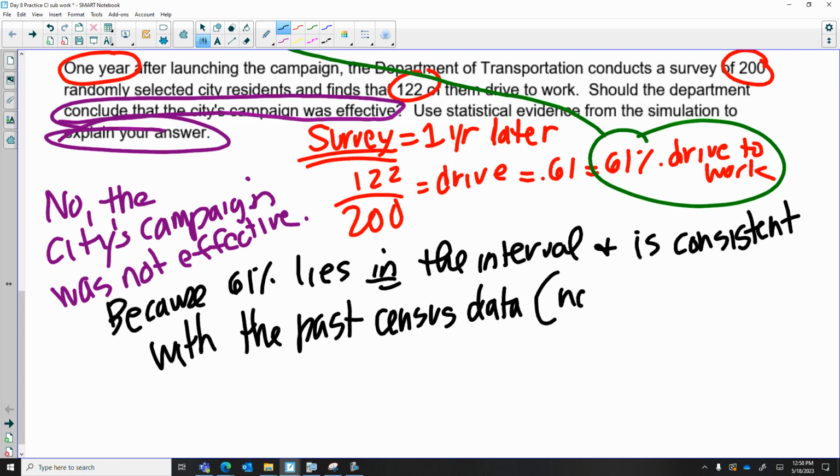Basically, it's not significantly improved from the past because it's still lying in that interval, okay?